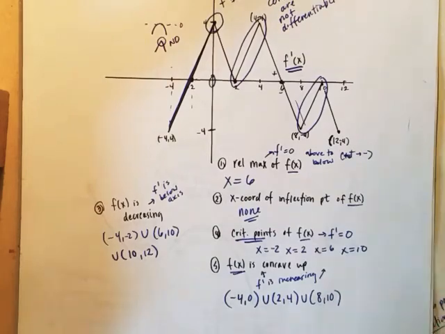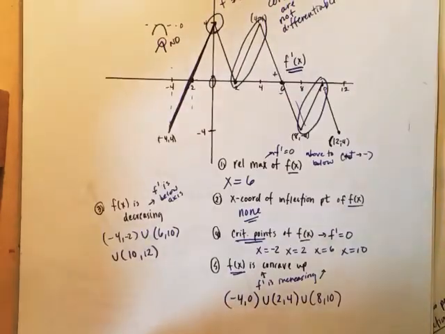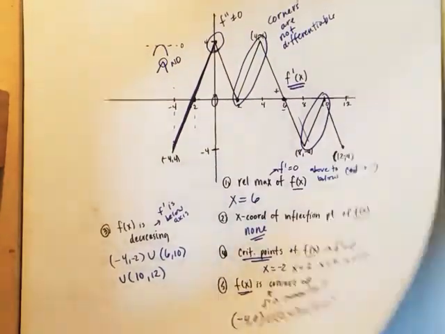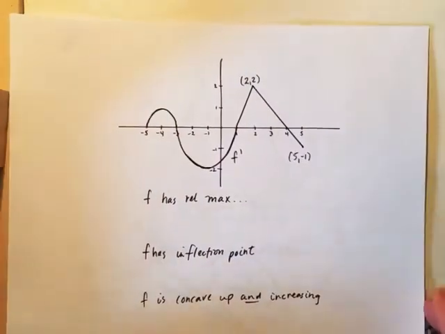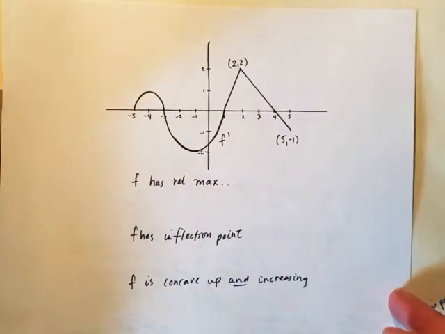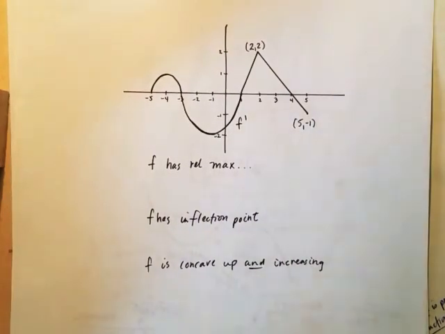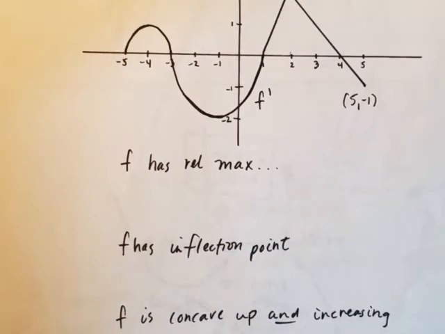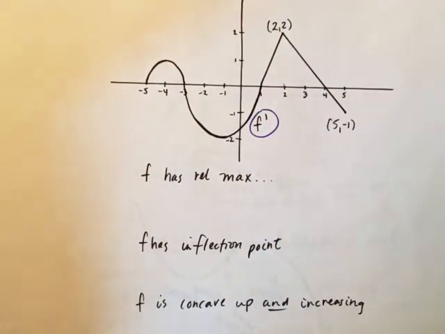Okay, so this is how I would read my graphs. This is how I would use this reference sheet to kind of help me. And then for you guys, there's one more thing that you would have to do, which is this page right here, where you actually have to justify. Now, some sentence frames that I would really recommend you using: you're trying to find and characterize what's happening on f, our original function, and you're going to justify it by what's happening with our f prime graph right here.